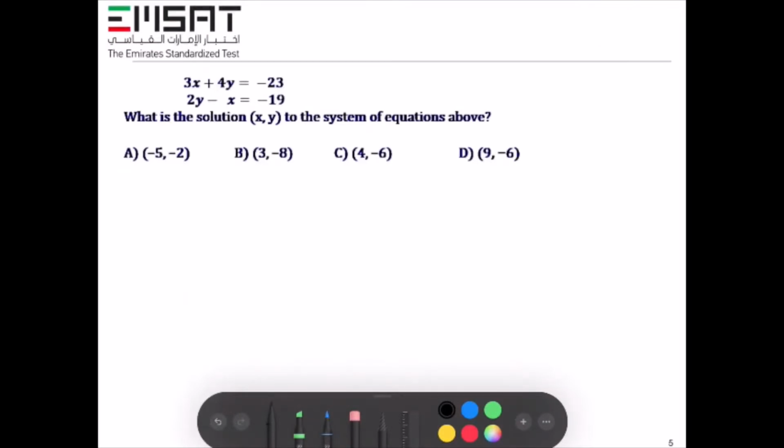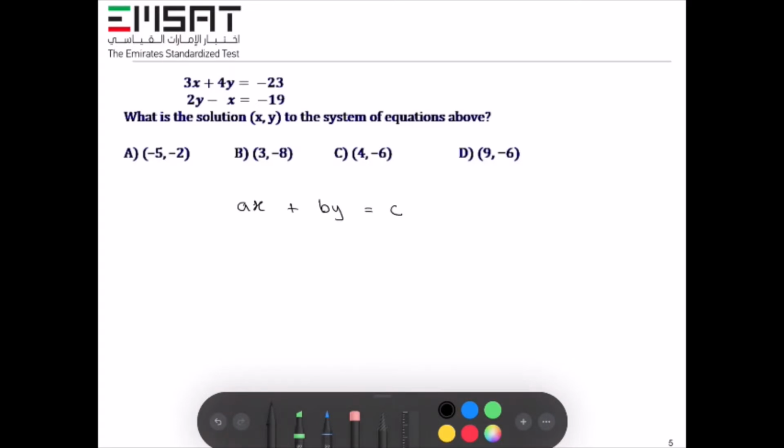3x plus 4y equals negative 23 and 2y minus x equals negative 19. What is the solution of x and y to the system of equations above? First, rewrite the equation in standard form, which is ax plus by equals c.